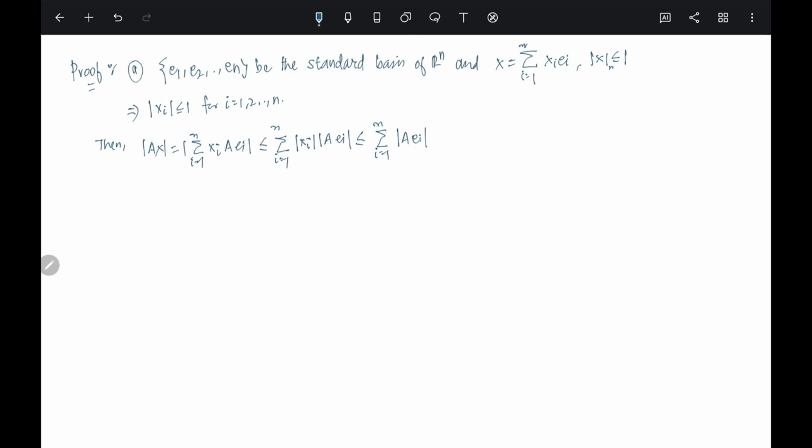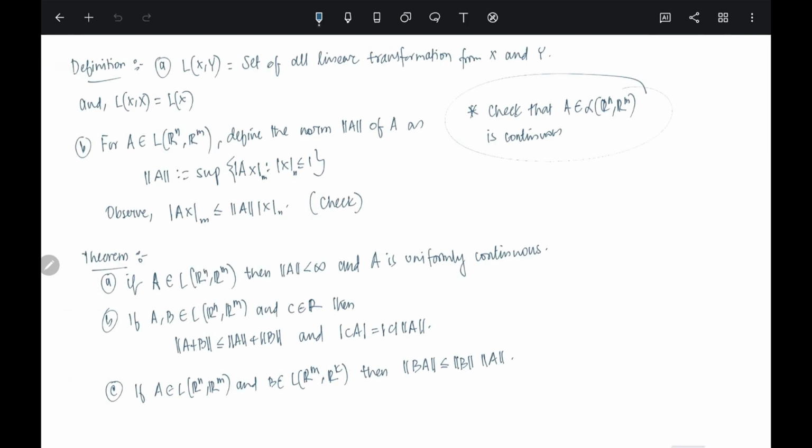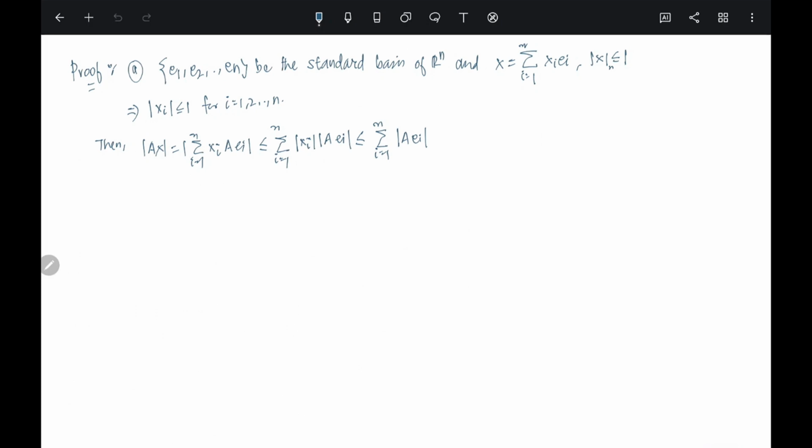One thing, I made a mistake here. Basically this is just a scalar times this vector, so we are using the triangle inequality here. We are not using this other fact, we are just using the triangle inequality. Sorry for the mistake.